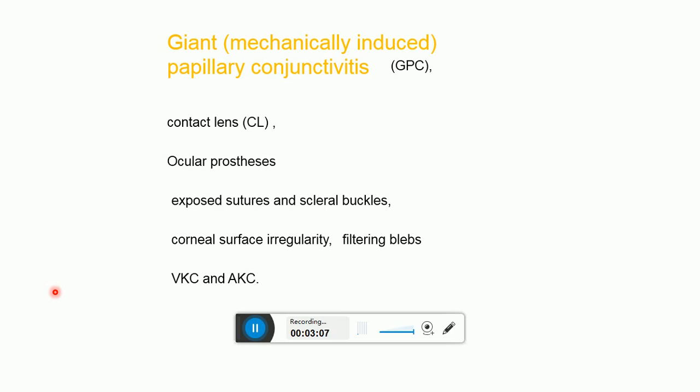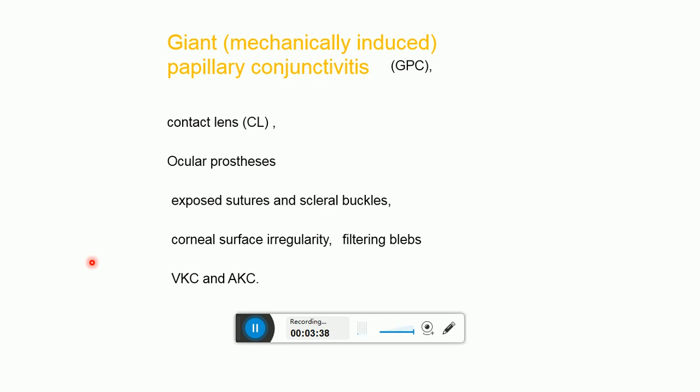The risk is increased by buildup of proteinaceous deposits and cellular debris on the contact lens surface. An ocular prosthesis is another mechanical stimulus, as are exposed sutures, scleral buckles, corneal surface irregularity, and filtering blebs. So these are all responsible.